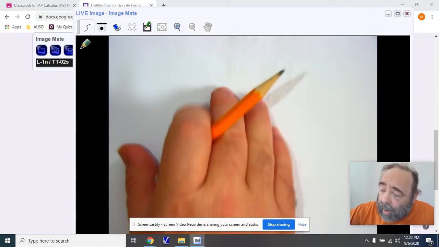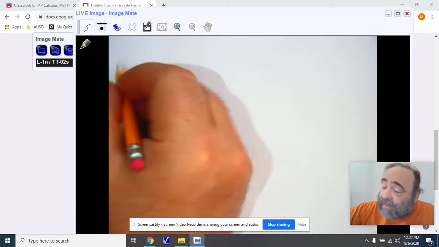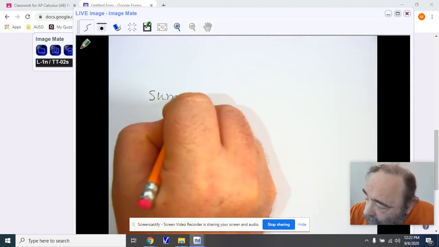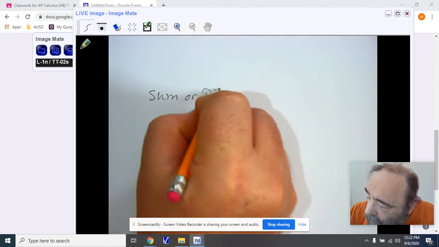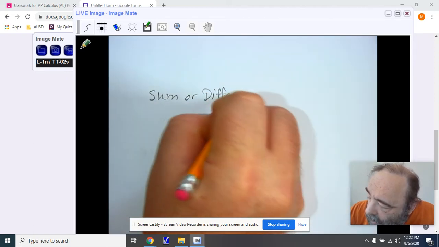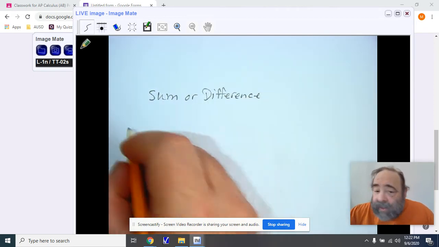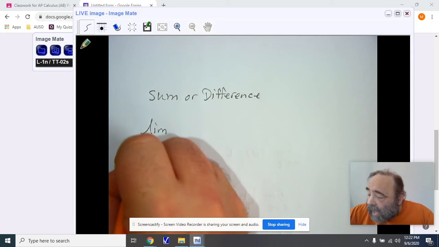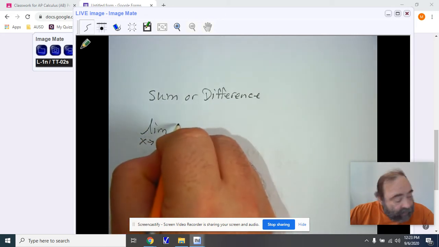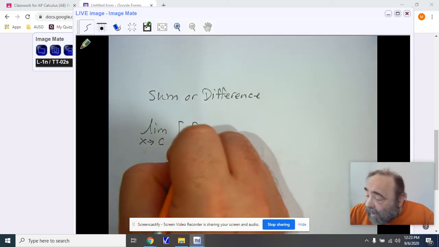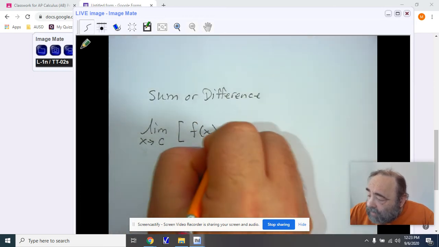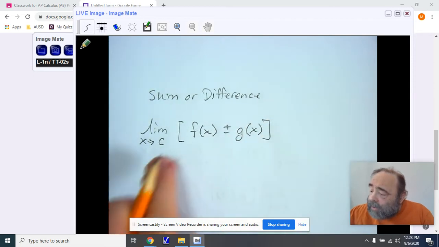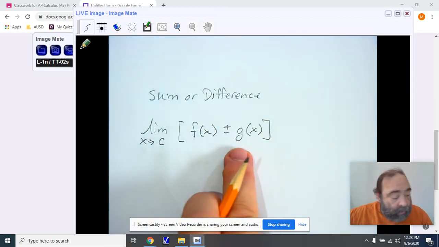Now, the second of our properties is that of a sum or difference. So the sum or difference property. Now, the sum or difference property simply says that if you've got more than one limit, let's say the limit as x approaches c for the function f of x plus or minus g of x, we are going to distribute our limit to both pieces.